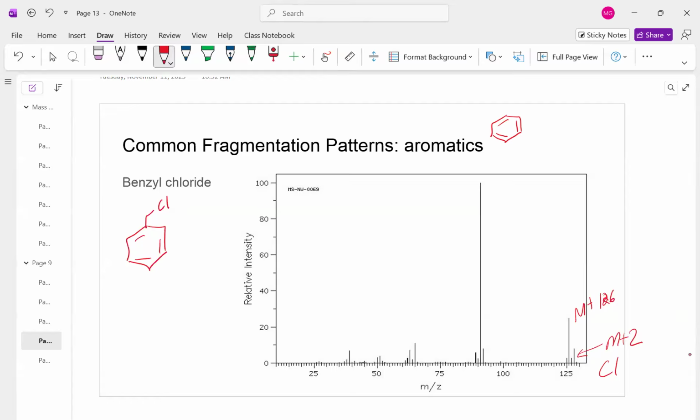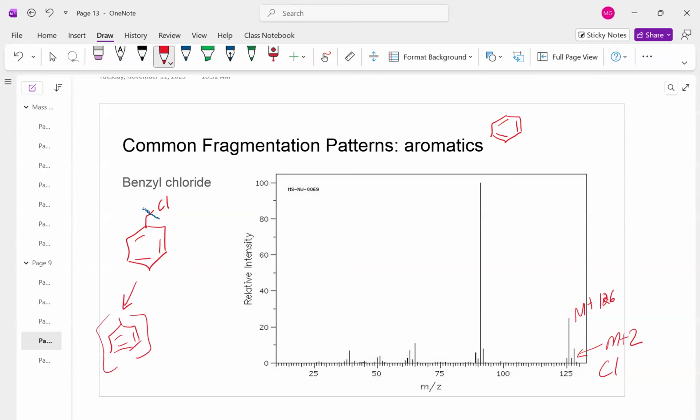So one of the most logical ways to fragment this particular aromatic, because there's a benzylic carbon there, is I'm going to fragment it there. Why do I want to do that? Because I get a resonance stabilized carbocation.